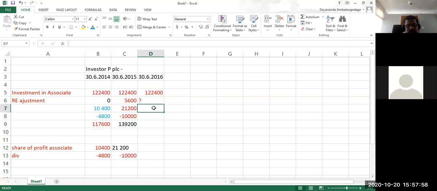We don't know, so we have to calculate this, and we have to calculate this. So you have to remember, this is the retained earning calculation. This is the share of profit. This is the dividend.